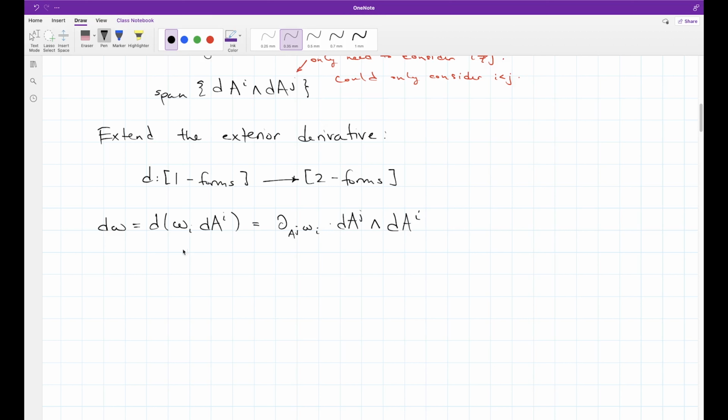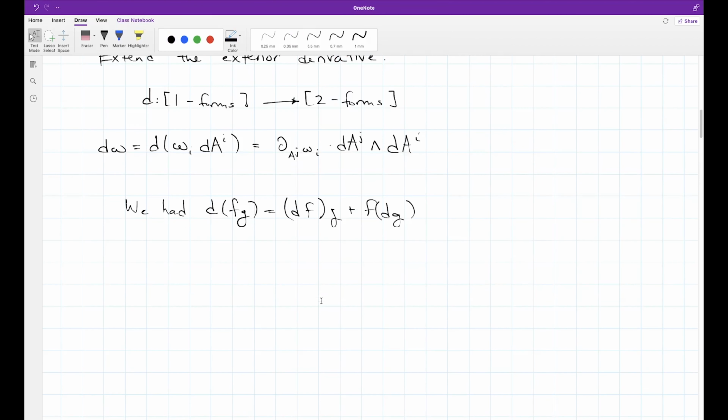Now, I want to actually sort of unpack this a little bit. Why does this formula make any sense? And the answer is that we basically just want d to obey the Leibniz rule. Remember that that's what it did before. We had d of FG is equal to dF times G plus F times dG.